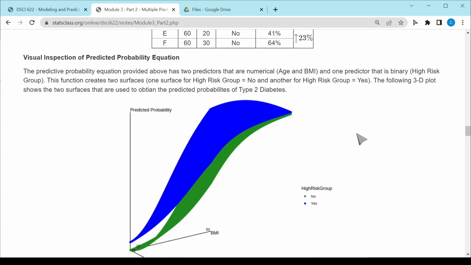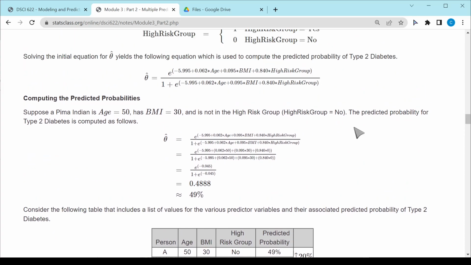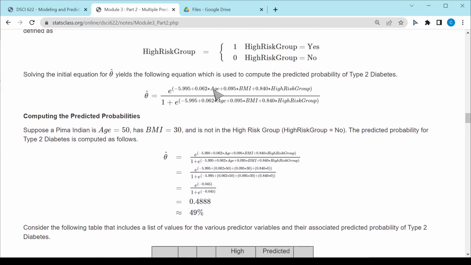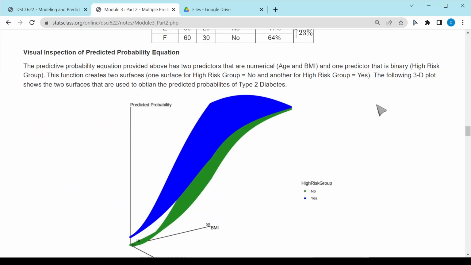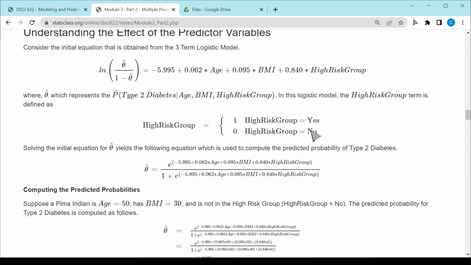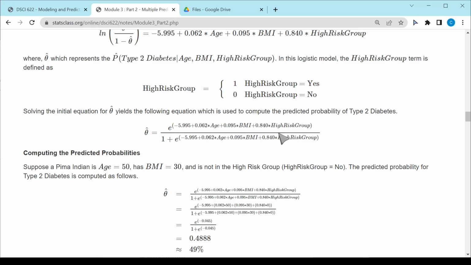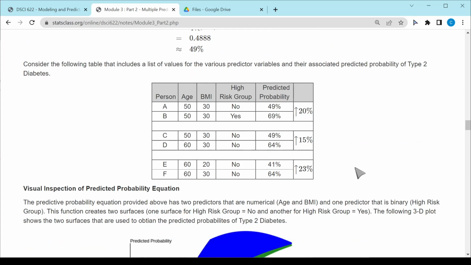Let's talk a little bit about the visual inspection, I guess. What I have labeled here is just visually what is happening with this predictive probability equation. This equation right here has age in it, which is continuous. It's a number. It has BMI in it, which is continuous. It's a number. And it has high-risk group, which is a dummy variable, either 1 or 0, representing yes or no. This equation actually produces a surface in 3-dimensional space.